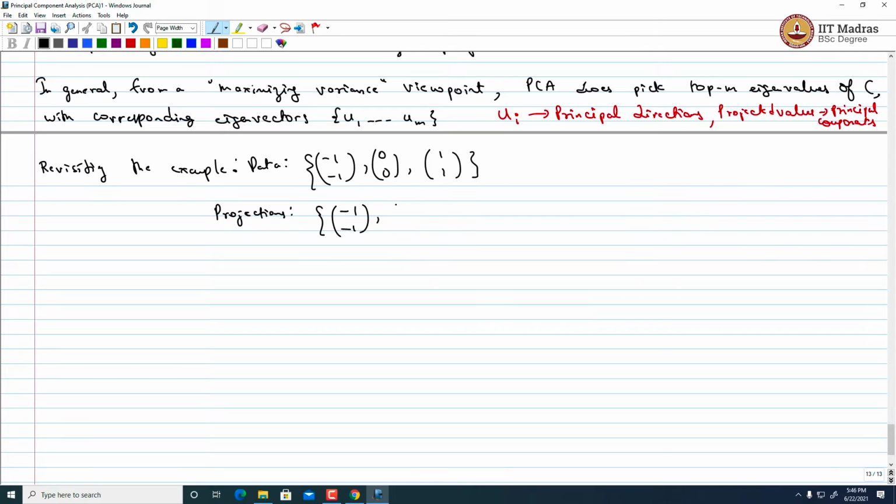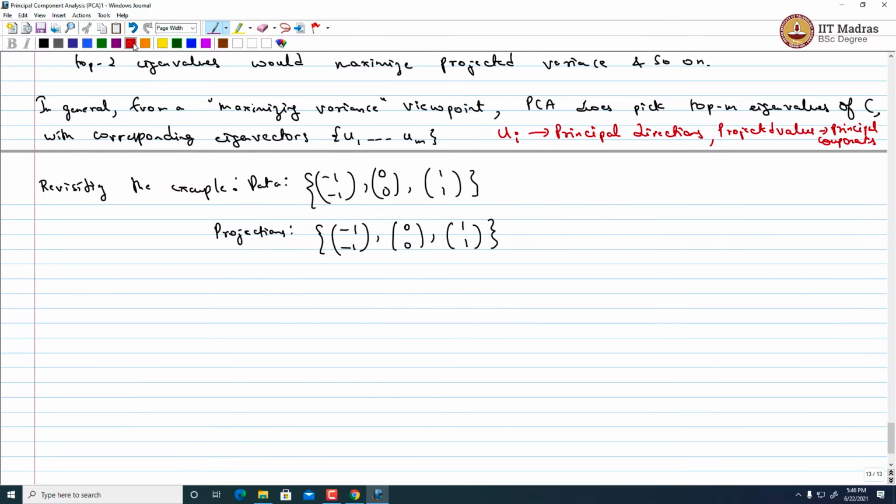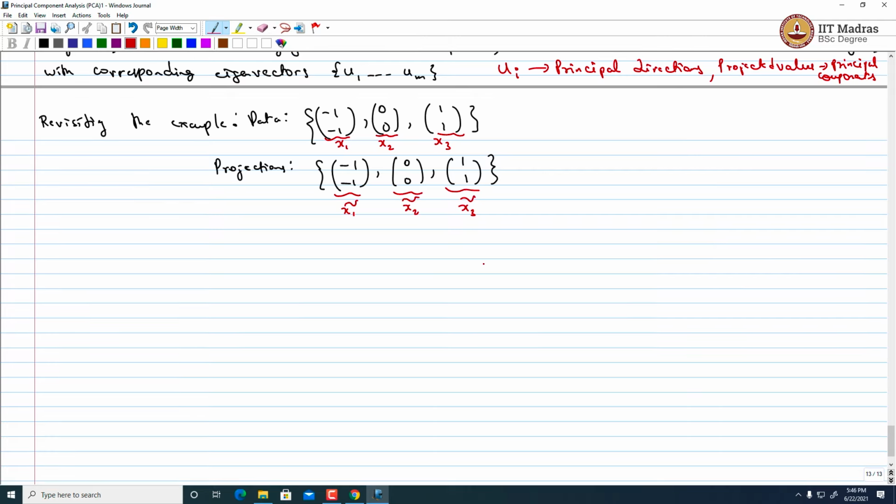We just worked this out earlier, 0, 0, 1, 1. So just recall, this is x1, x2, x3. This is x1 tilde, x2 tilde, x3 tilde.